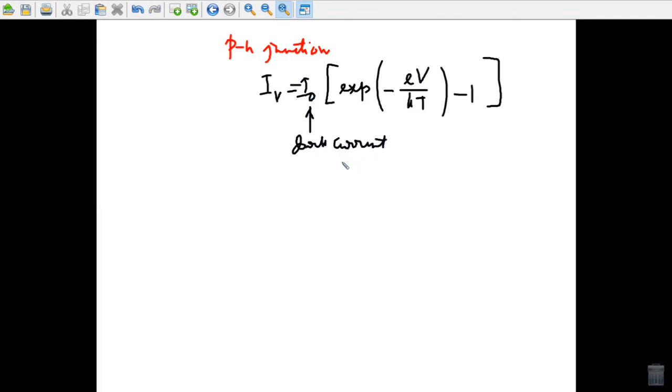On the other hand, under reverse bias condition, this I becomes minus I0, which is constant. This current is small and is independent of the voltage.